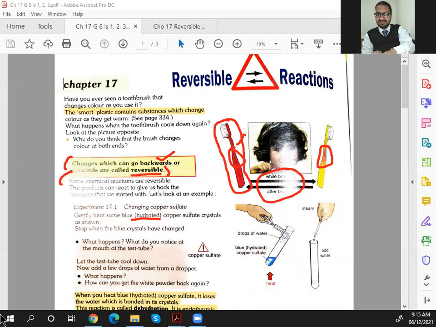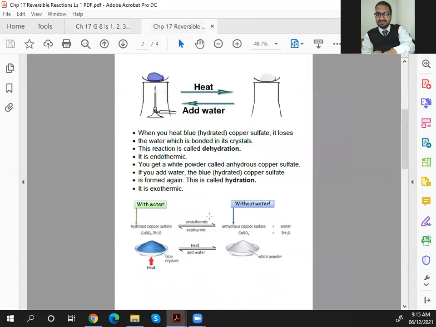Now, let's come back to the slide where I showed you this. So this was the intro. Now let's see what happened during the chemical reaction that we studied.